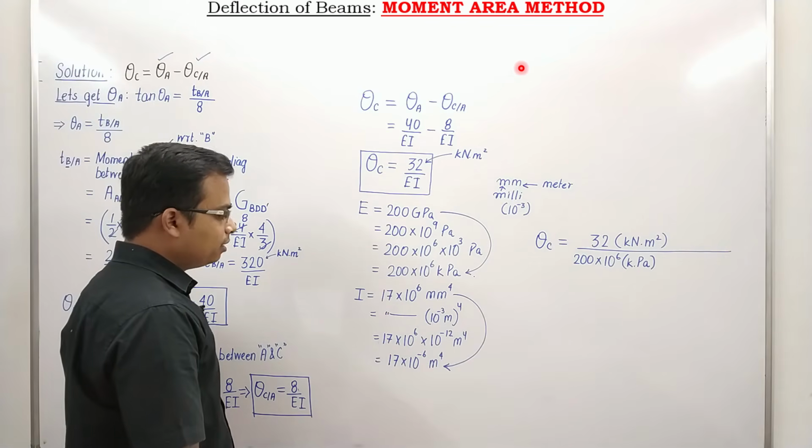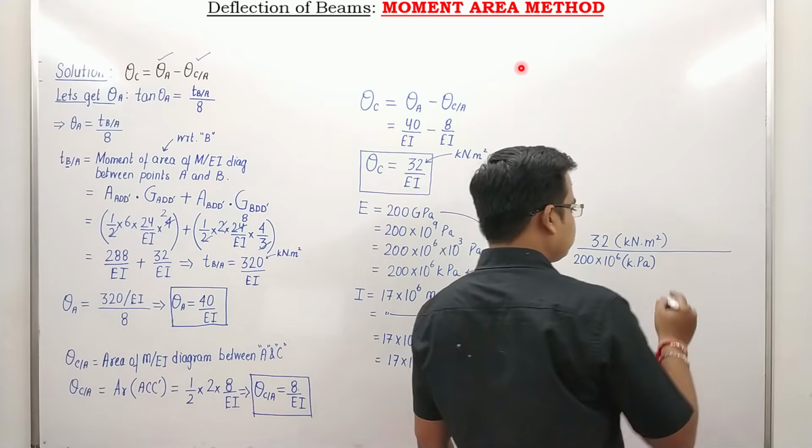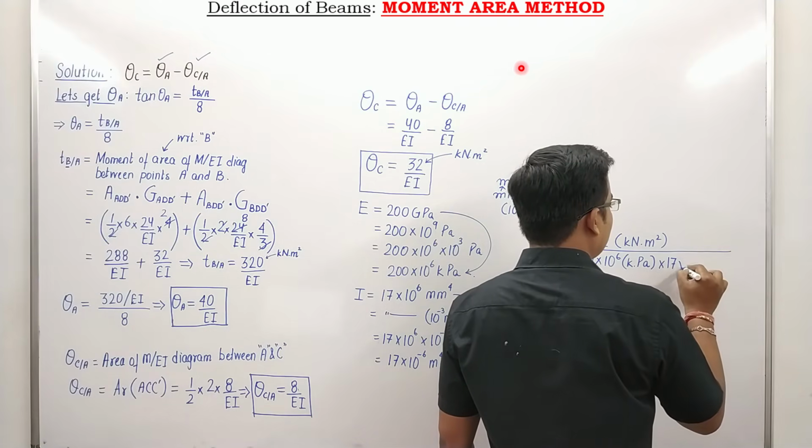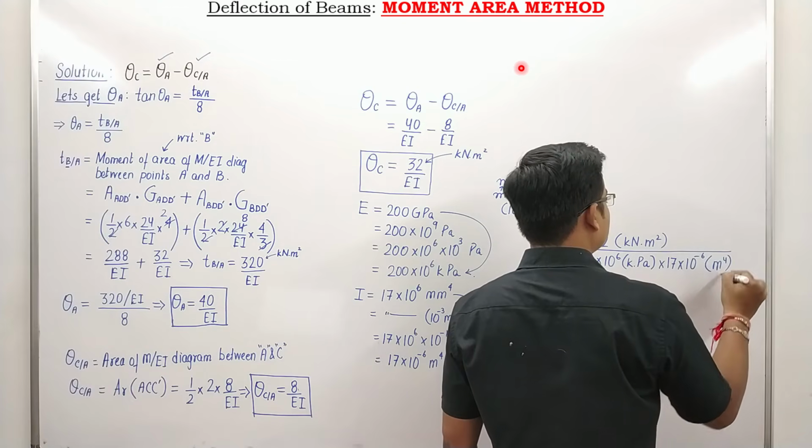And then we've got 17 into 10 raised to minus 6, and the unit is meter power 4.